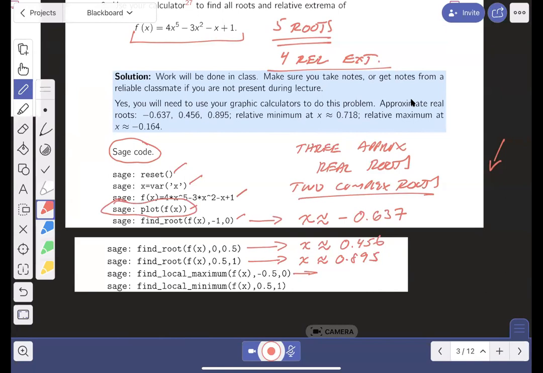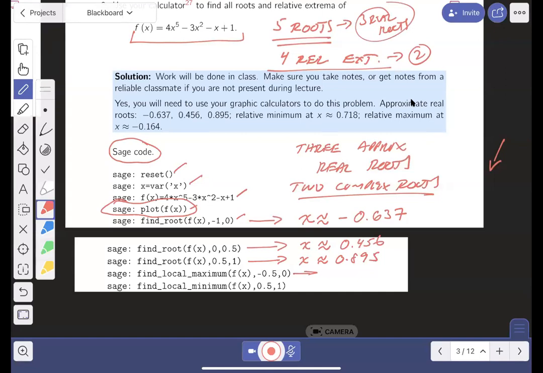Now, granted, I said 5 roots, but we only found 3 real roots. And I said 4 relative extrema, we found 2.